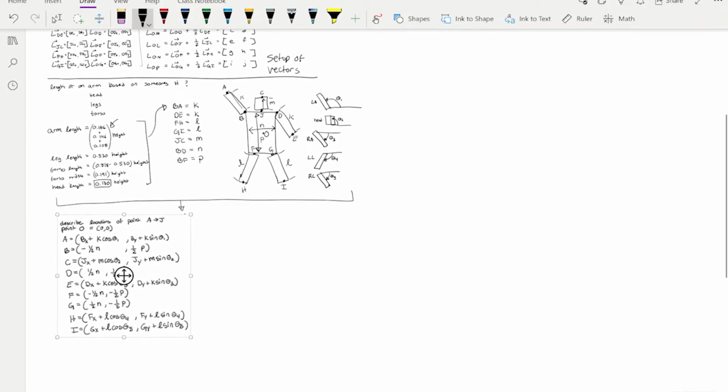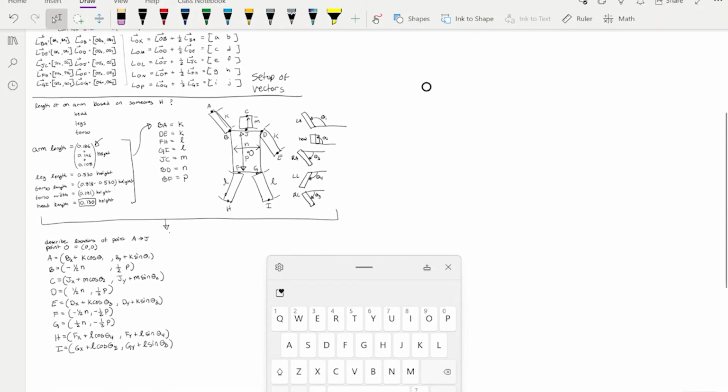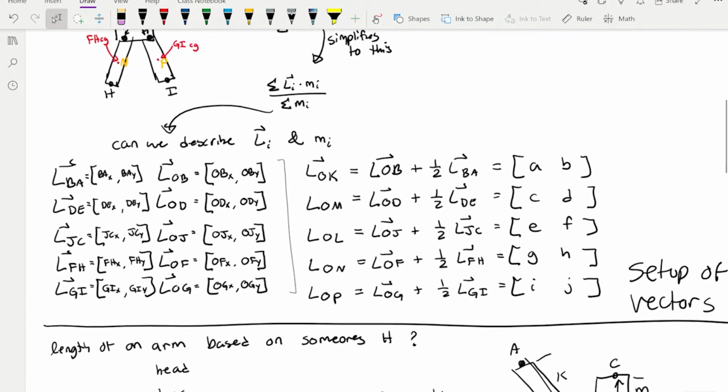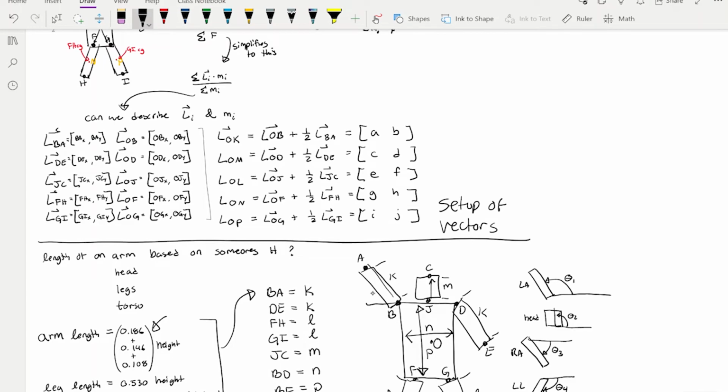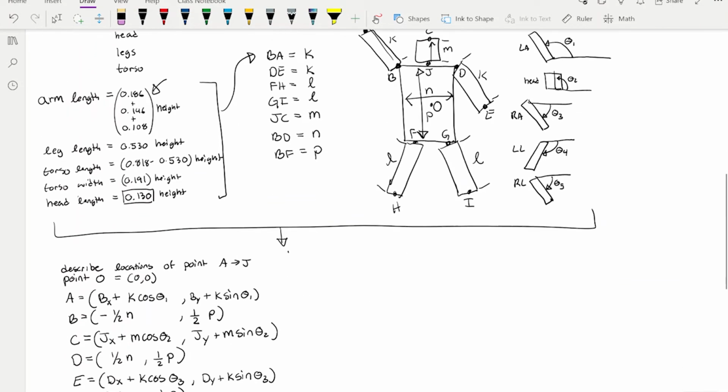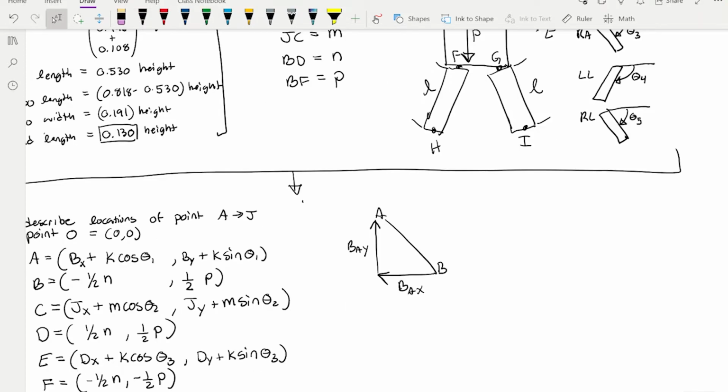So for example, the component BAX, right here, we've got to find that component. BAX, BAY. Well, we know that the arm length is K. We know the angle here is theta 1. So then BAX must be equal to K cosine theta 1, right? And then BAY is K sine theta 1.